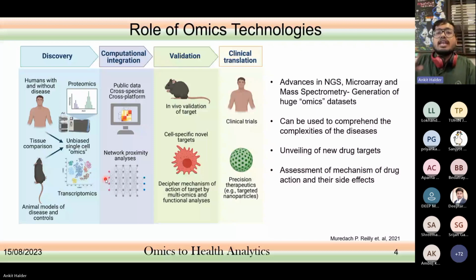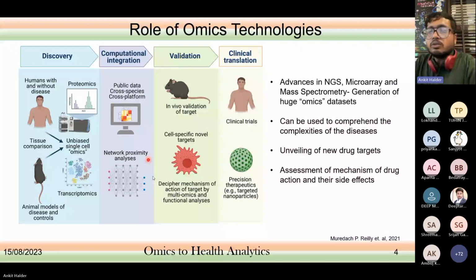So how can we use those data and computationally integrate them, as was mentioned previously? How can that integration help us understand network proximity, since in today's world we all know that a single molecule cannot work alone, and how can these integrated networks help us identify novel targets? First, it is used to identify novel targets.